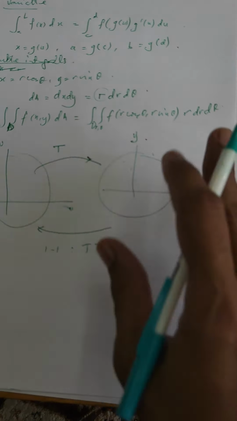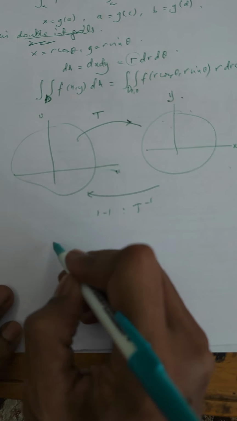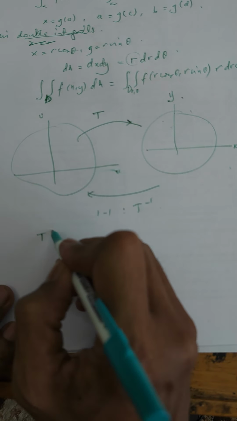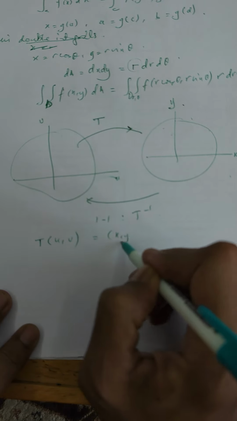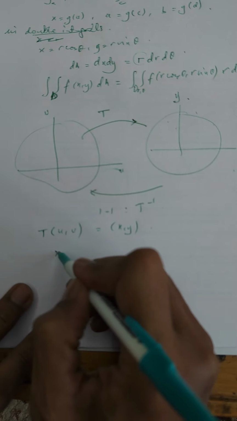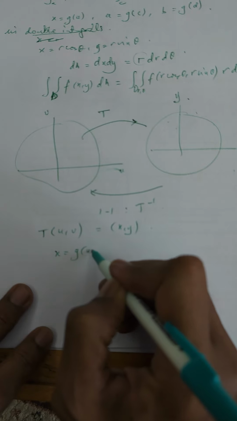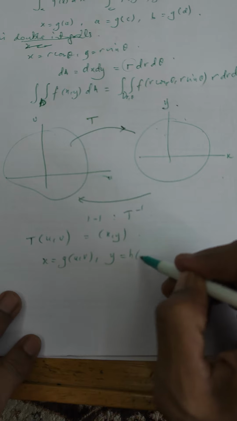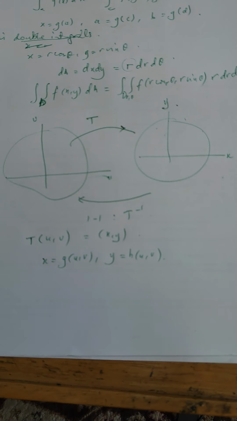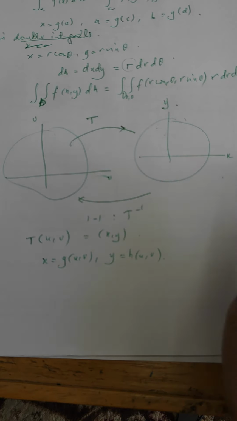Okay, so this kind of transformation, let's say we call T, we transform from uv to xy, where x we write as a function of u and v, and y we write as a function of u and v. So that is the transformation. Let me give you an example of how this transformation works.